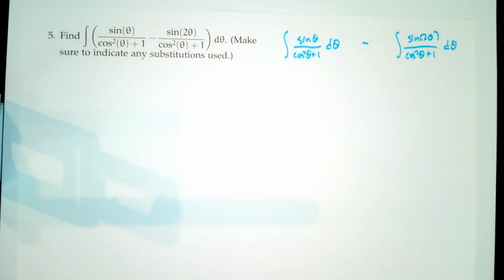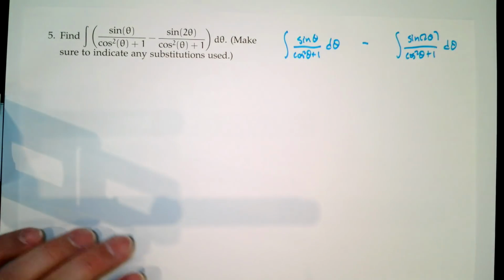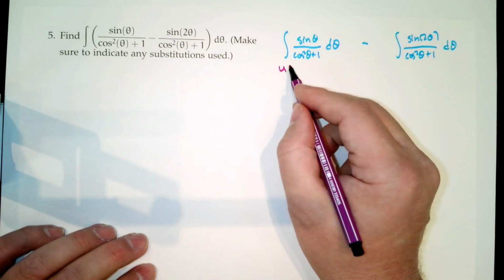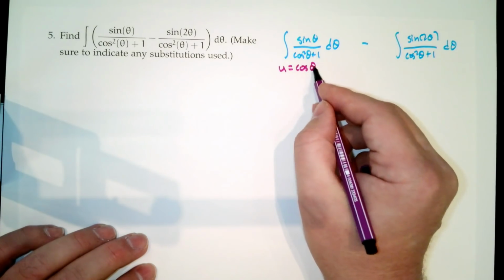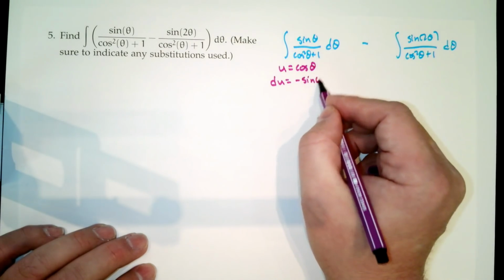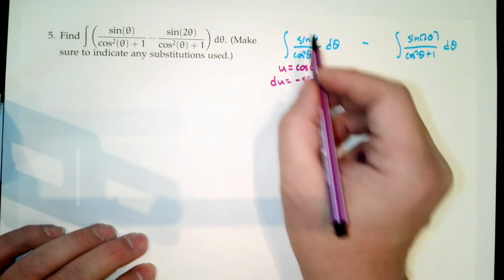The reason I draw my attention to that is, what's the derivative of cosine? It's negative sine. So this is very suggestive of making a substitution.